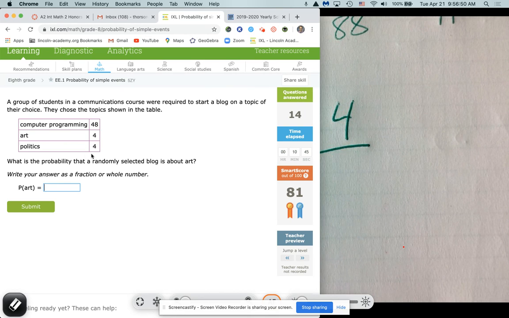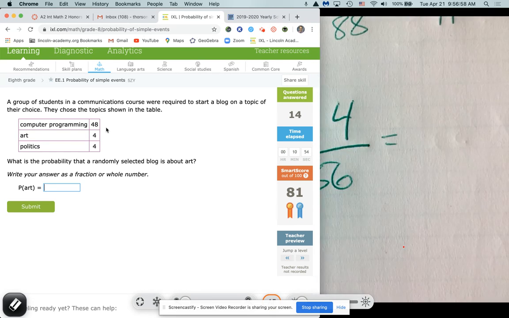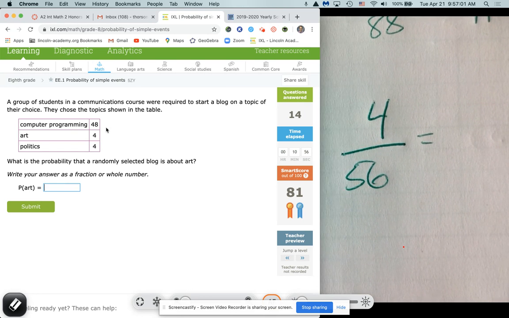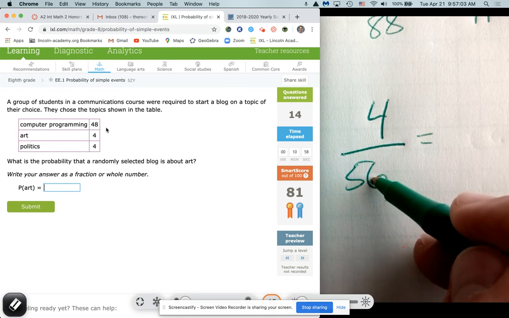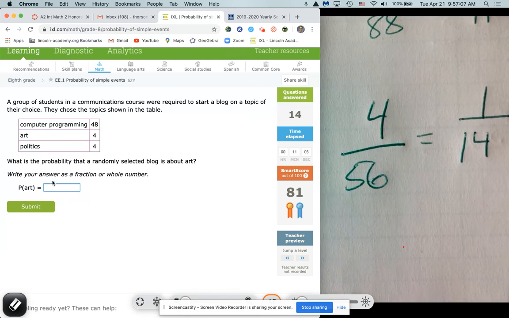You got to make sure you add these all up, because there's not 48 total, there's 48 plus 8 more, or there's 56 total. So I write in 56, and then I reduce that fraction of 4 over 56. I know 56 is divisible by 4, so I get 1 over 14. So my probability of getting an art blog would be 1 out of 14, or 1/14.